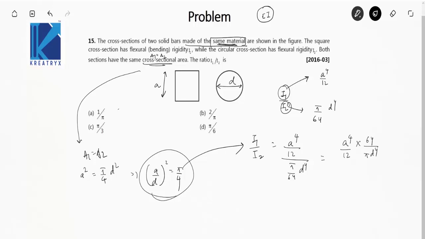Since a by d whole square is equal to pi by 4, a by d raised to power 4 will be pi by 4 whole square into 64 by pi into 12. When you solve this, it will be pi by 3. So the option is C. C will be the answer. Okay, let's move on to the next question.